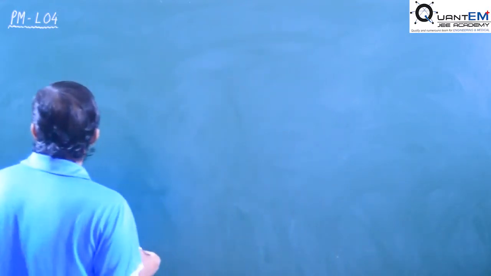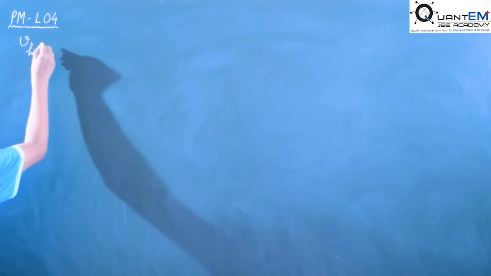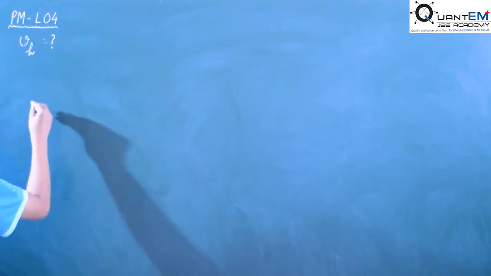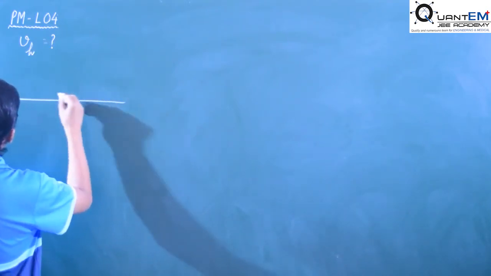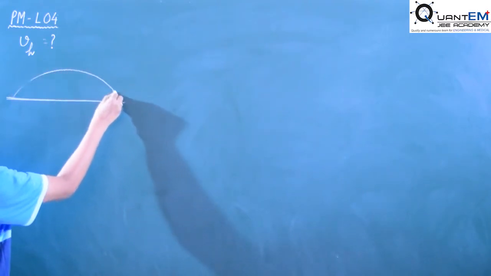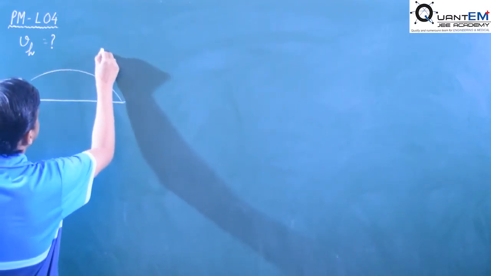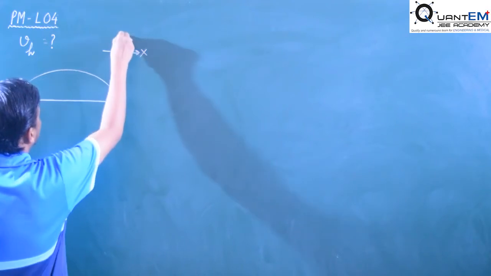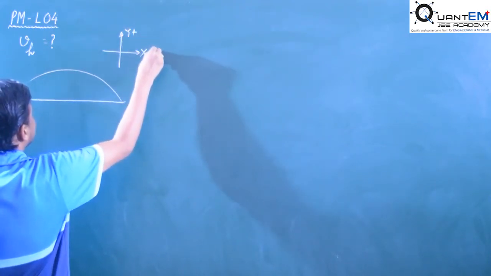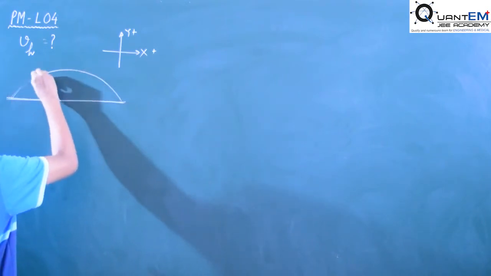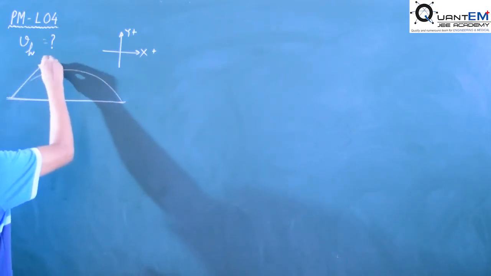So firstly we come to the velocity of the oblique projectile at any height h during the motion. Suppose this one is the projectile, this coordinate is x. All the parameters we have discussed in the previous class: y positive, x positive, ux, uy, you all know these values.